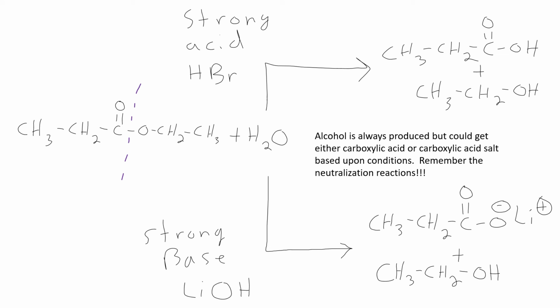The part with the C double bond O, we recognize that would originally come from a carboxylic acid. So we're expecting that piece, when we break it apart, to form a carboxylic acid. And the part with the oxygen came from an alcohol. We're expecting that piece to form an alcohol. So we're expecting a carboxylic acid and an alcohol to form. And let's map on what's going to happen.